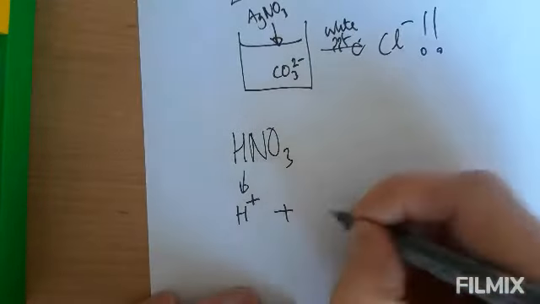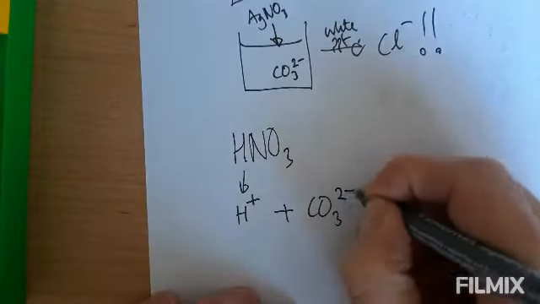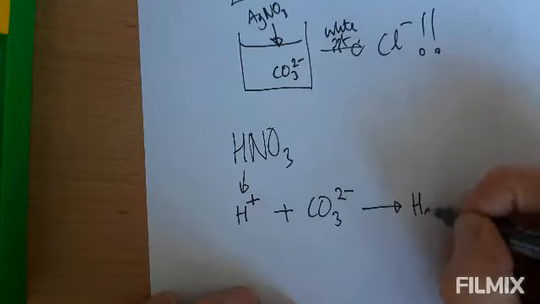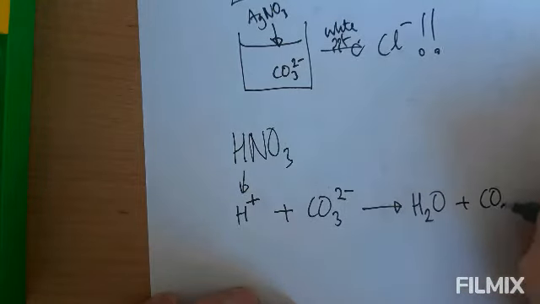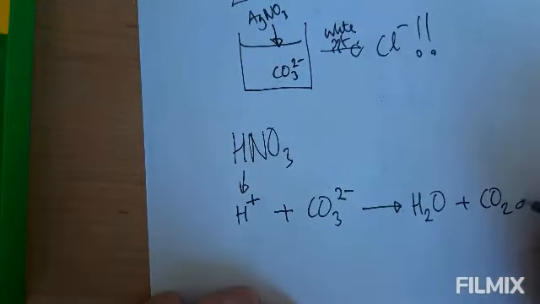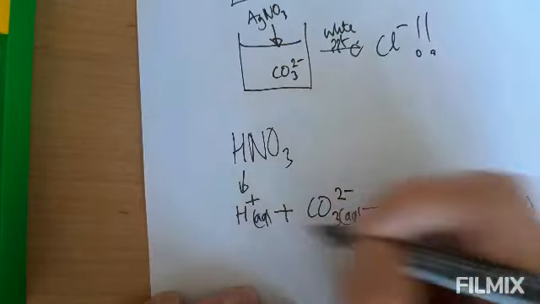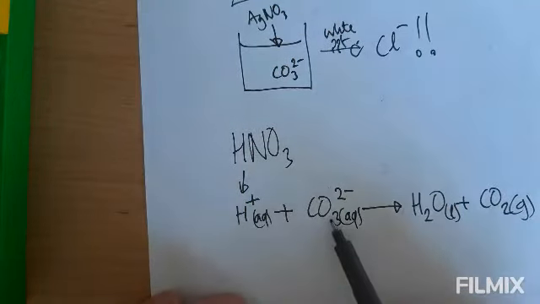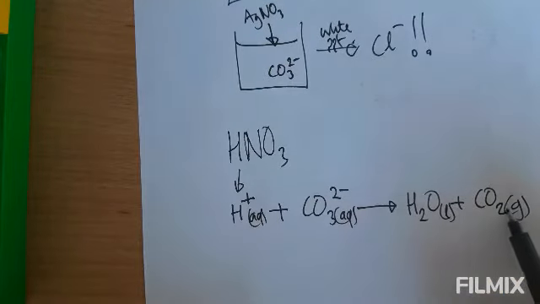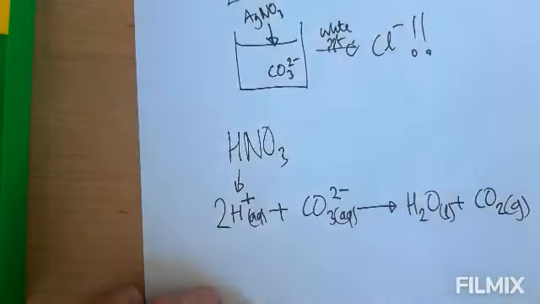The H+ ions react with the carbonate ions to make H2O and CO2. It fizzes the carbonate away. Gas, liquid, aqueous, and aqueous. The H+ ions react with the carbonate ions to make water and carbon dioxide. I need to balance this. Two of these.